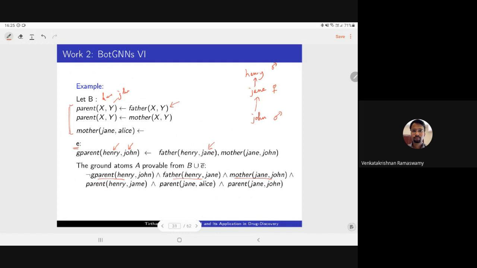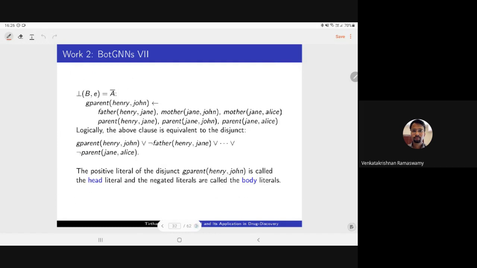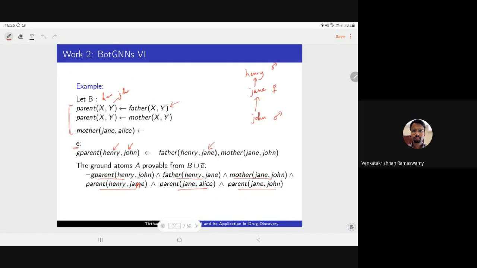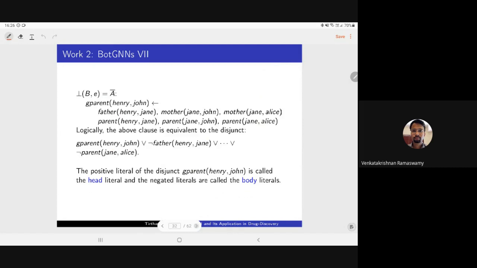What did not exist was this parent information: parent Henry Jane, parent Jane Alice, parent Jane John. These are the three additional pieces of information that we could incorporate into this description of E. Now, this particular set of ground atoms that we have obtained from B union negated E can be written in a clausal form.